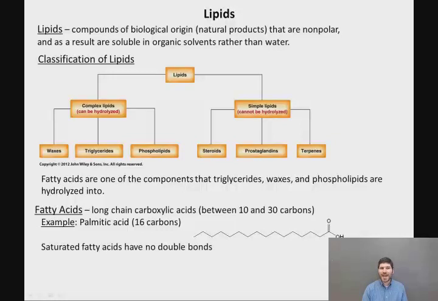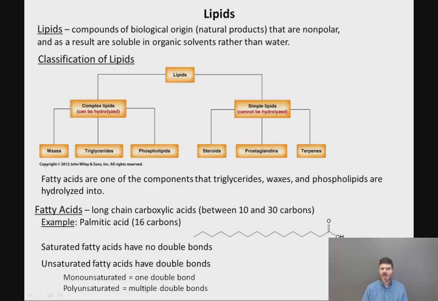This is an example of a saturated fatty acid. What makes a fatty acid saturated is that it has no double bonds. It is saturated in hydrogen atoms, has the greatest number of hydrogens that you can possibly have for that number of carbons, and a carboxylic acid functional group.